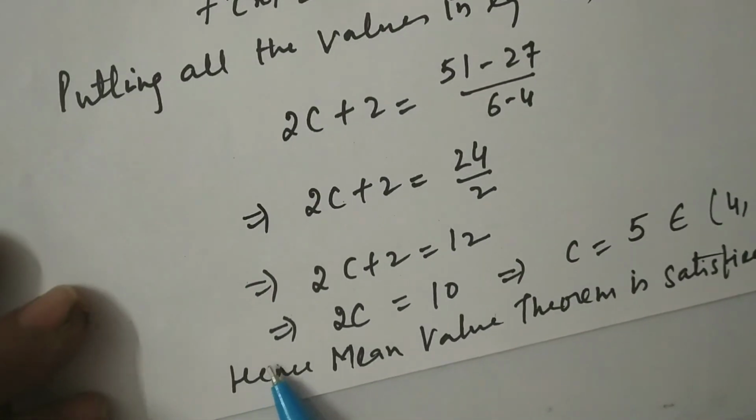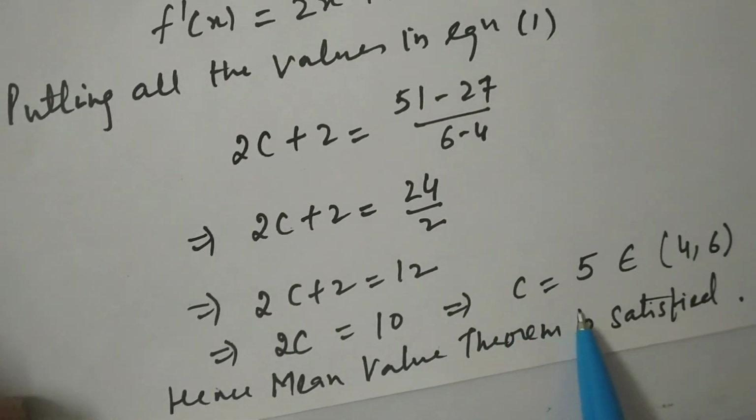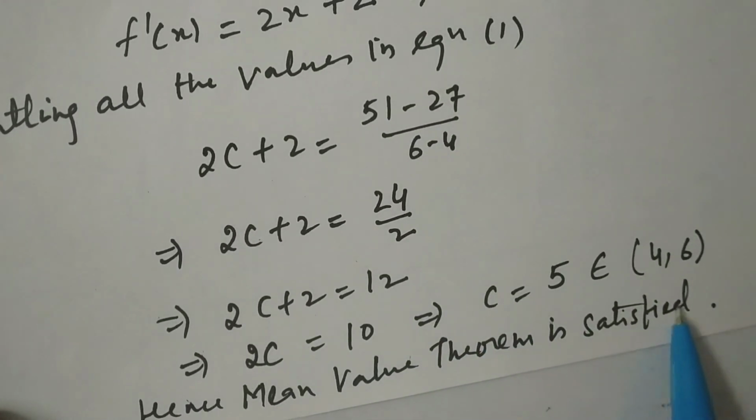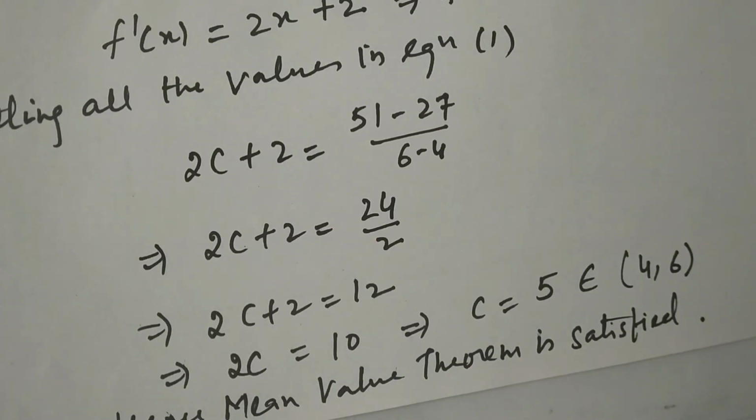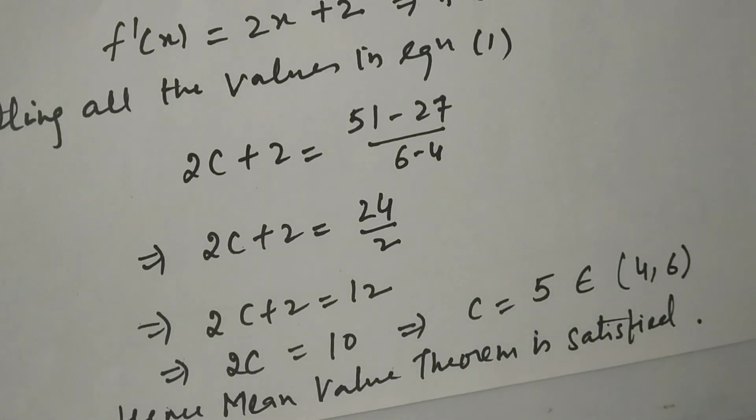So thus we can say that the mean value theorem is satisfied. So children, I hope that you have understood the concept of Rolle's theorem and the mean value theorem today, and as well as you must have learned how to solve the questions related to both these problems.